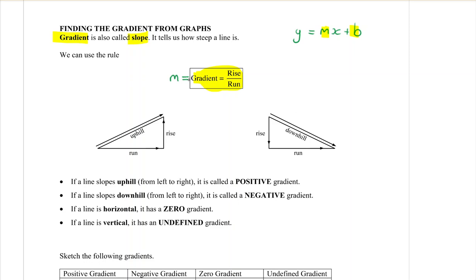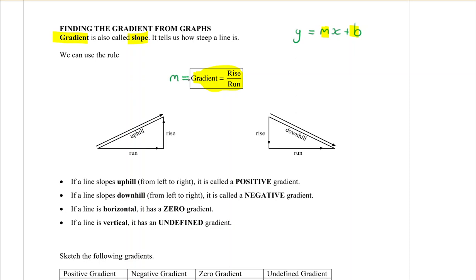Now, there are two main types of gradients. Obviously, there are different steepnesses, but they can also be uphill, which means as you're reading the page from left to right, like you're reading a book, you're going uphill for this type, or you're going downhill for the second type.